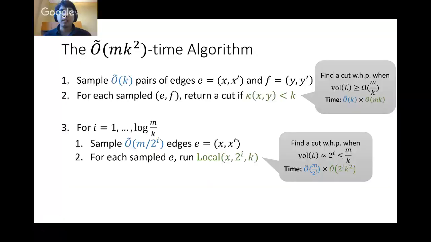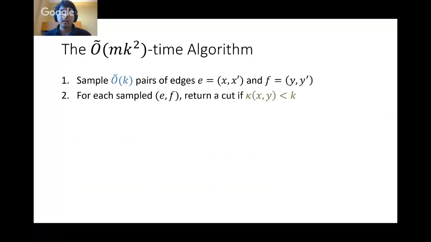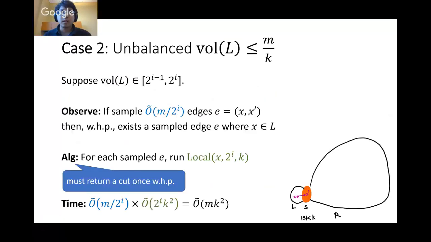Can you go back to the slide on the local algorithm? Yeah. On the local algorithm, where exactly do you require this non-balancedness condition? What if you just put I equals log M over K? Why do you have this dichotomy?